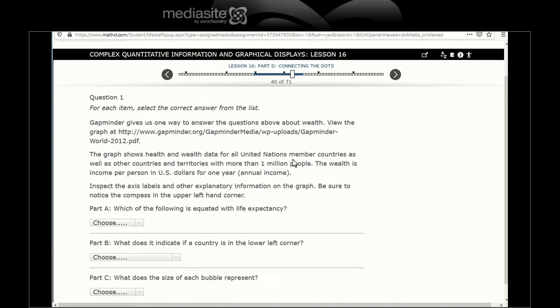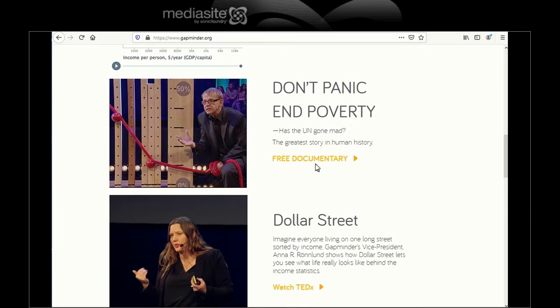So let's see. Gapminder gives us one way to answer questions about wealth. View the graph. Yes, we'll get to it in a second. The graph shows health and wealth data of all United Nations member countries as well as other countries and territories with more than 1 million people.